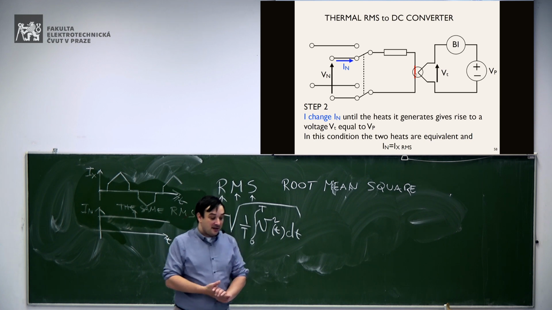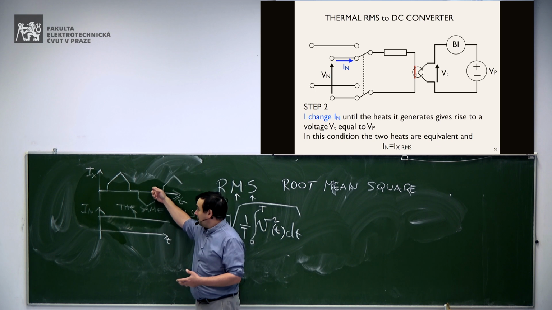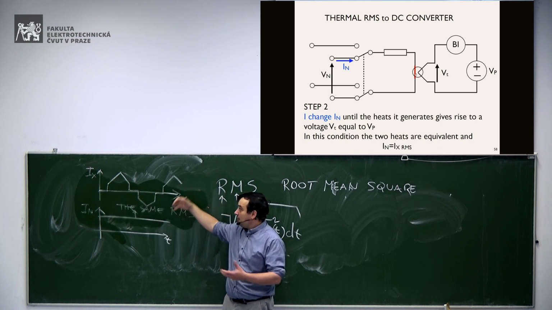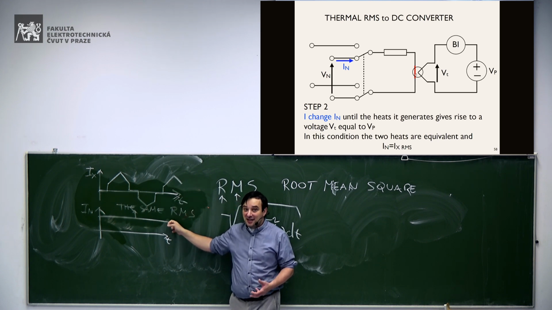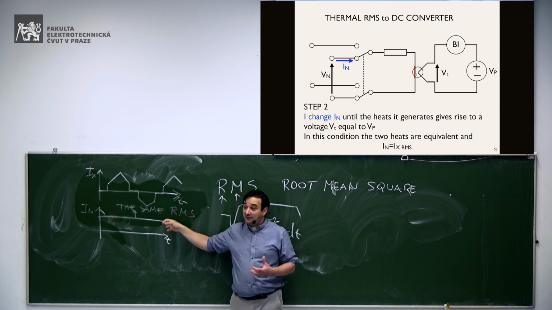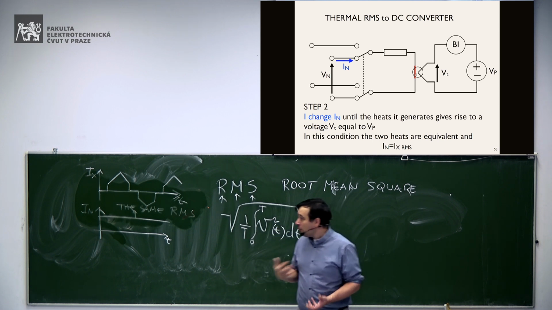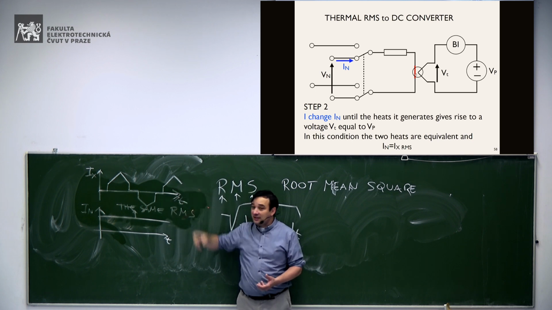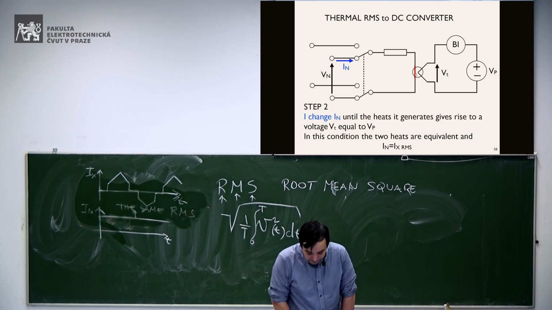And therefore, who cares about the shape? I converted a current with, generally speaking, any type of waveform into a DC current which has the very same RMS value, which means that the value of the IN current is proportional to the RMS value of the unknown current IX, okay?